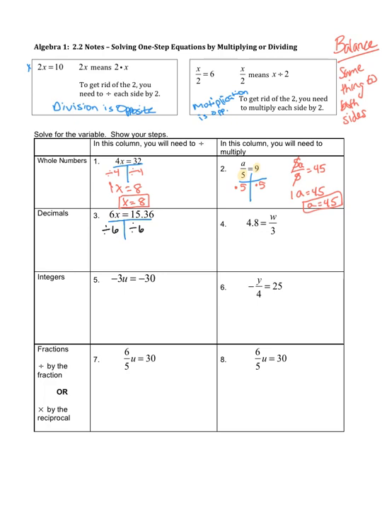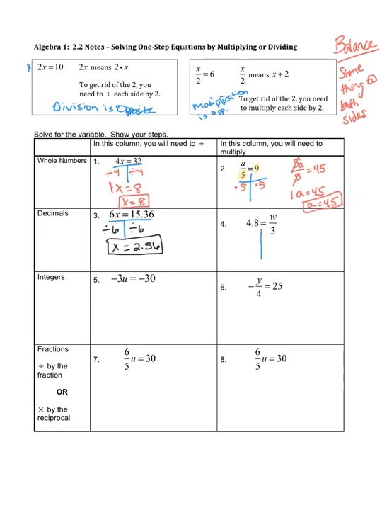Now this is where a calculator comes in handy. Some people can do this in their head, and unfortunately I cannot. I apologize. Okay, 1530.36 divided by 6 is 2.56. And how many x's do we have? 1. Okay?